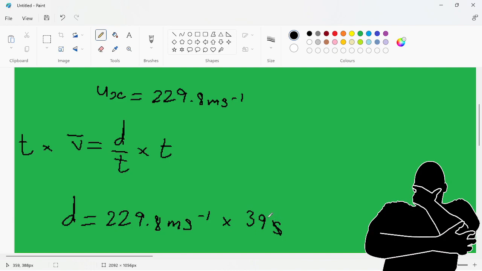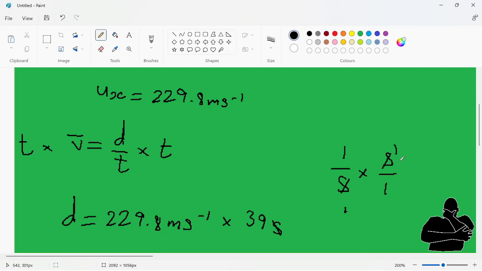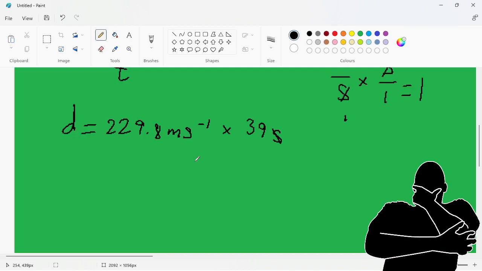So 1 divided by second multiplied by second divided by 1 is going to give you 1. To show it, 1 divided by a second times a second divided by 1, the seconds cancel, and you're left with 1.